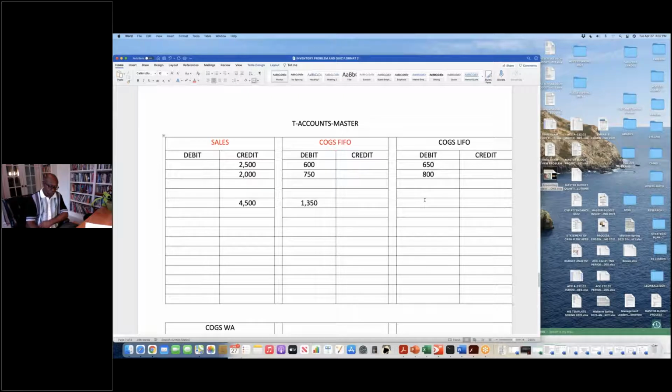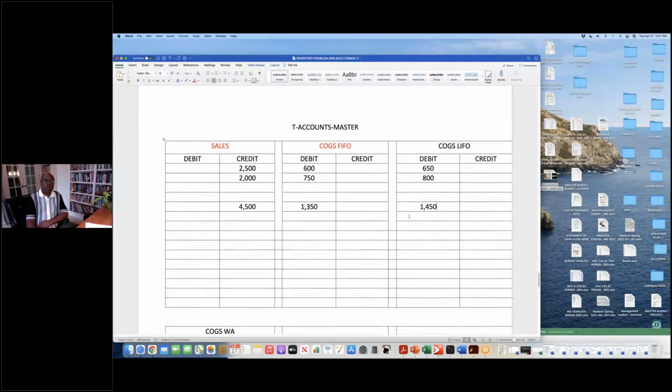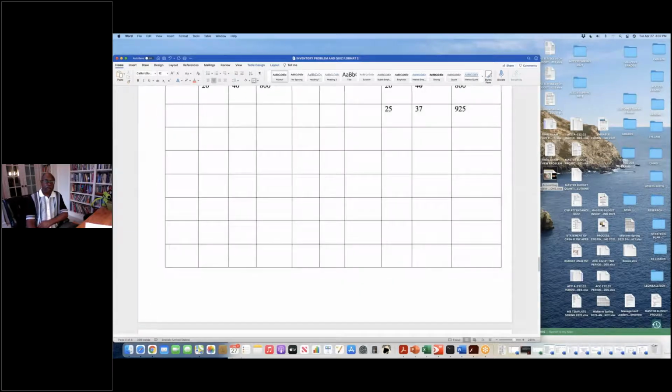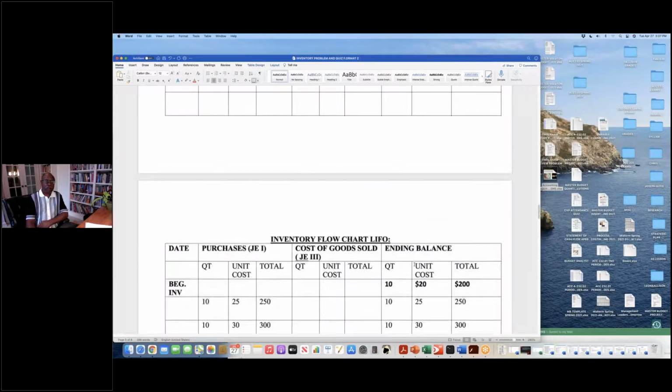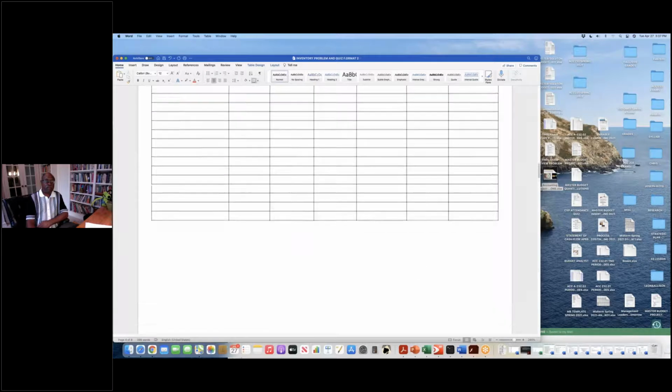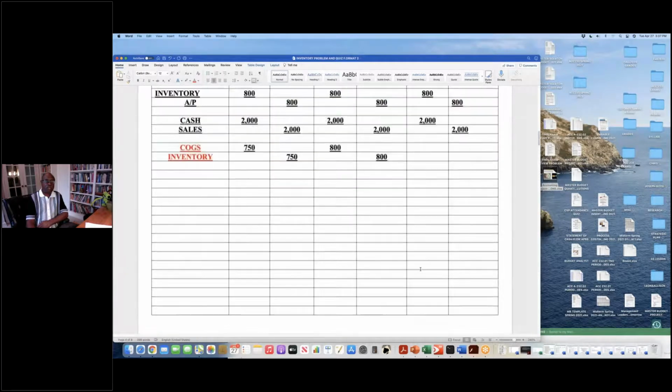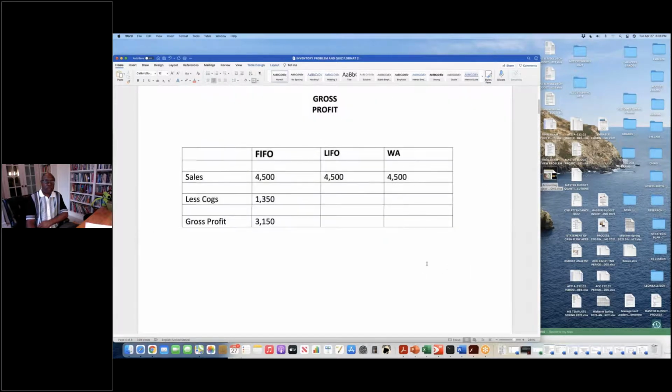Cost of goods sold, $1,450. So this number now becomes $1,450.